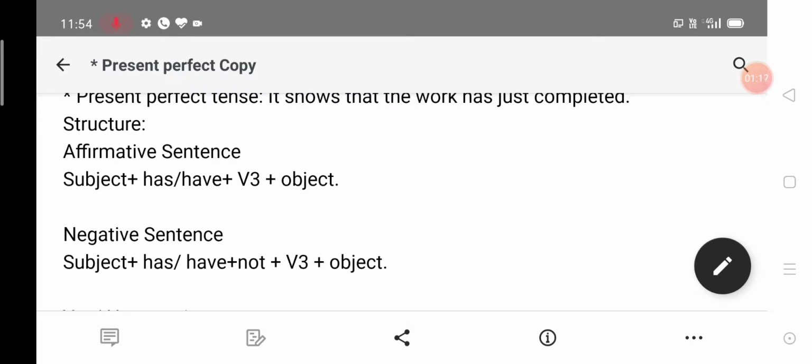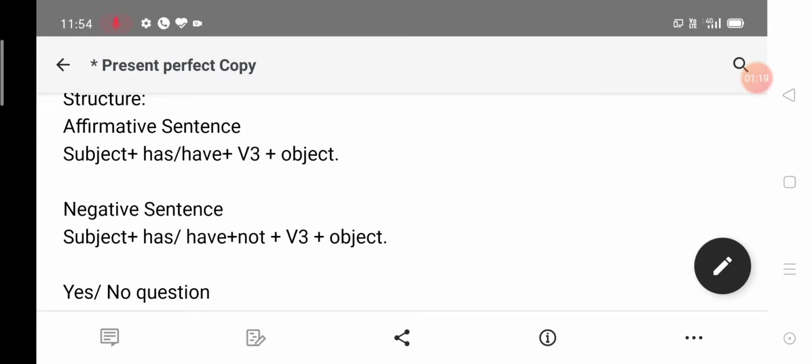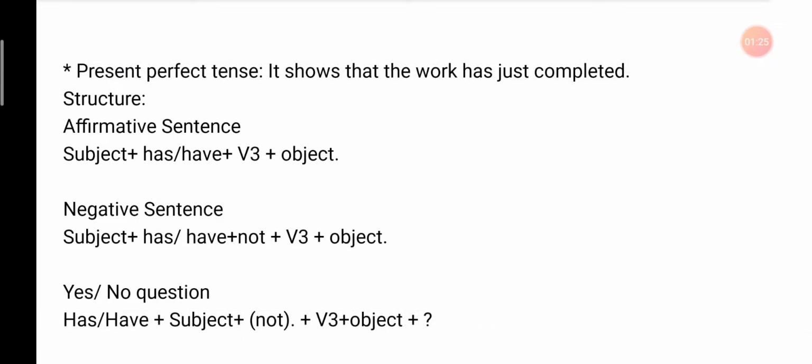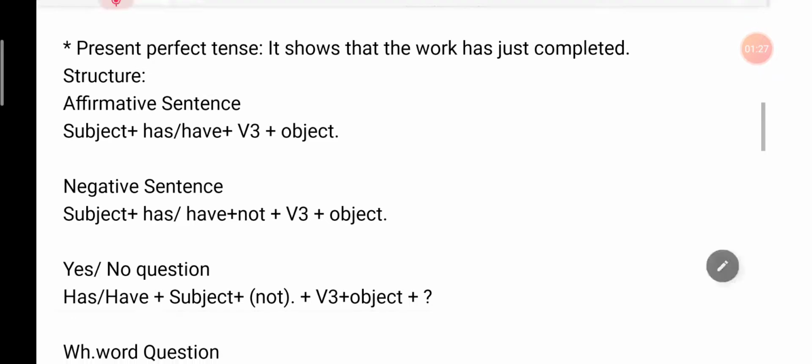To know much about the tense, we have to know much about the structure of the tense. So now we will see the structure of present perfect tense. The structure is subject plus has/have plus verb V3 plus object.